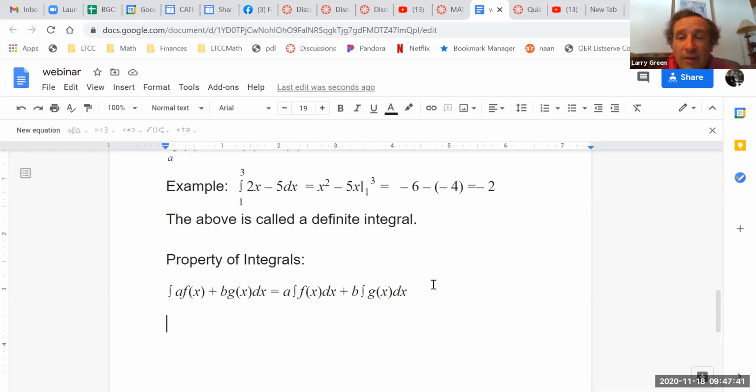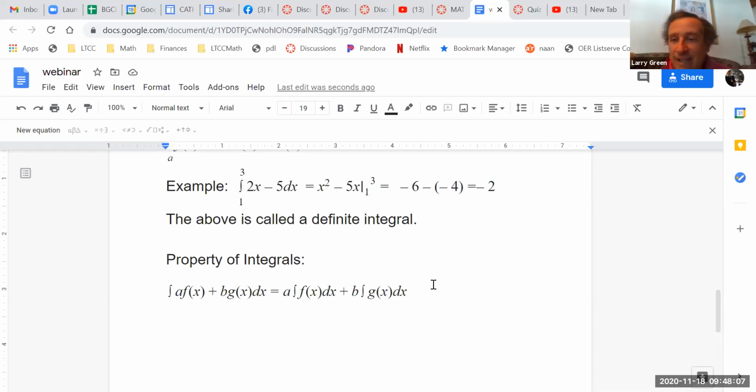Okay, and I want to give you a warning. If we had f of x times g of x, you cannot split them up, just like you can't split them up with derivatives, right? With derivatives, there's a product rule. And by the way, if you have f of x divided by g of x, you can't just split them up and divide the integrals.